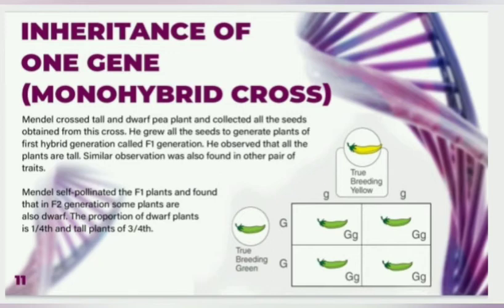A similar observation was also found in other pairs of traits. Mendel self-pollinated the F1 plant and found that in F2 generation some plants are also dwarf. The proportion of dwarf plants is 1/4 and tall plants 3/4.